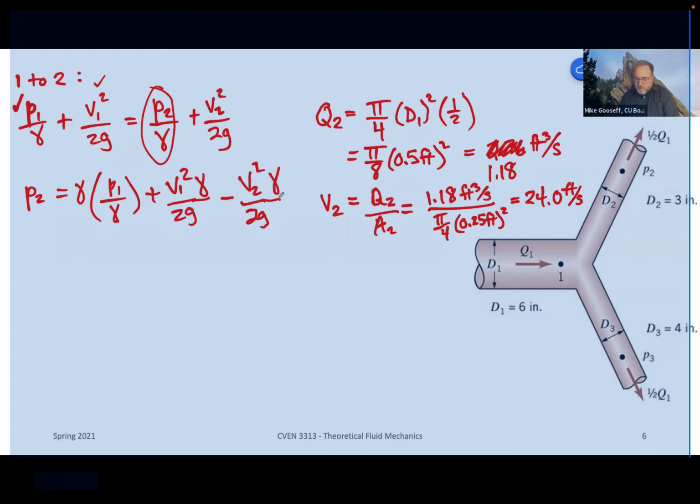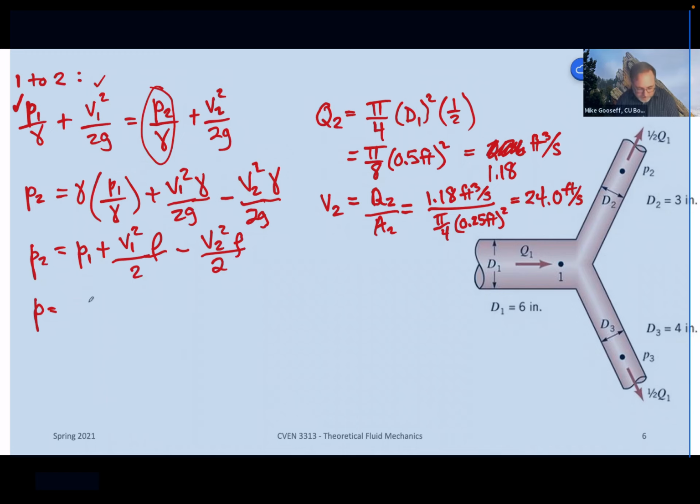So those are our three terms. And so what we end up with is P2 is equal to P1 plus V1 squared times rho divided by 2, minus V2 squared rho over 2. Okay, so I was just simplifying there a little bit.